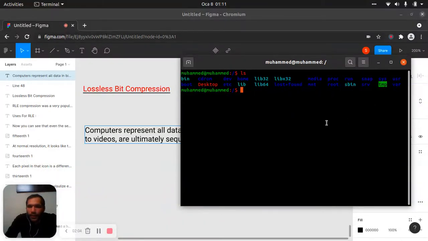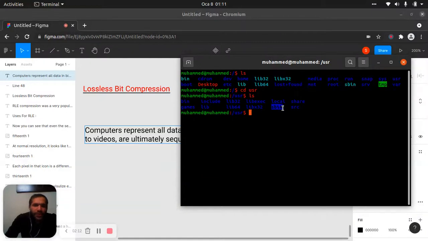Let's look in user. Maybe one minute. And yes, we have S-bin here, super binary. You can configure your binary files. Now all the things in computers are represented with binary numbers. What are binary numbers? Binary numbers are just bits and bytes, all of them right there.